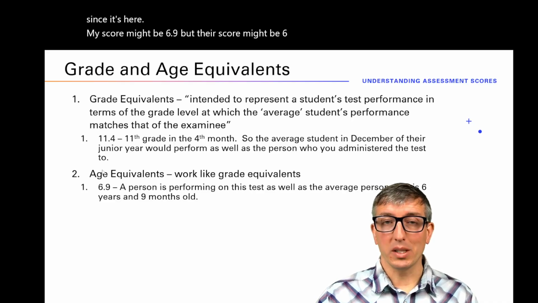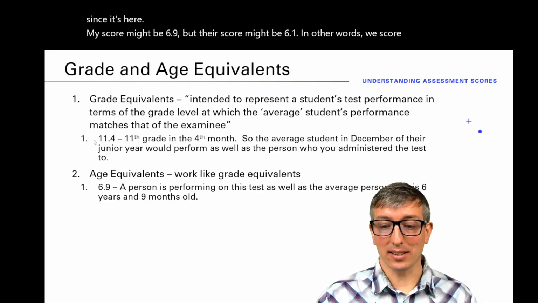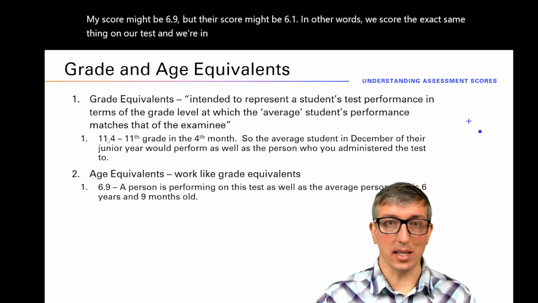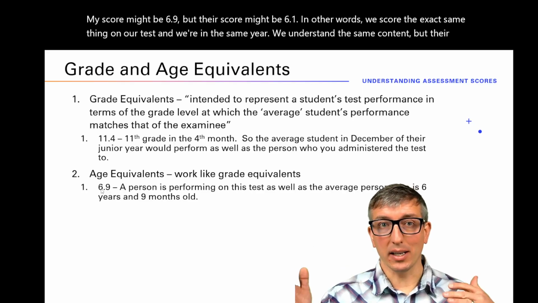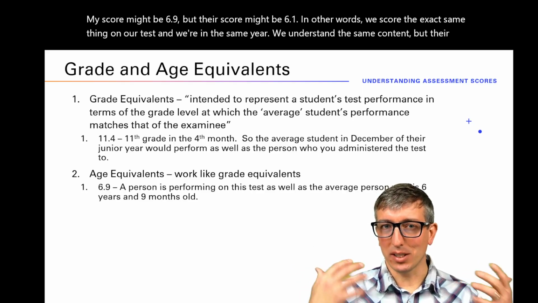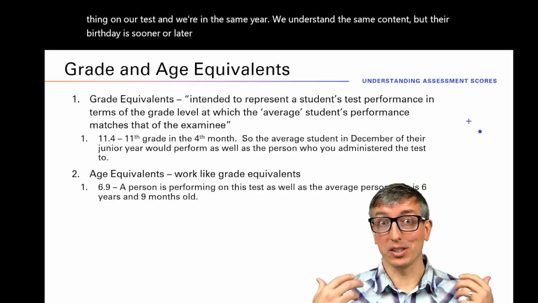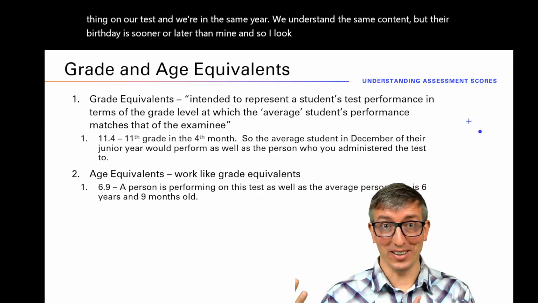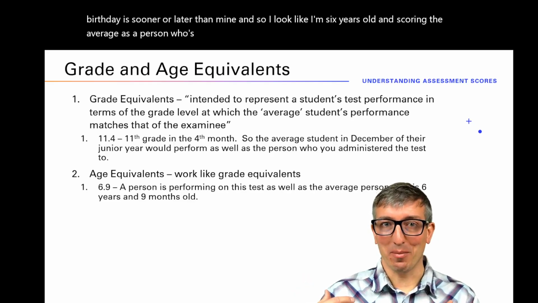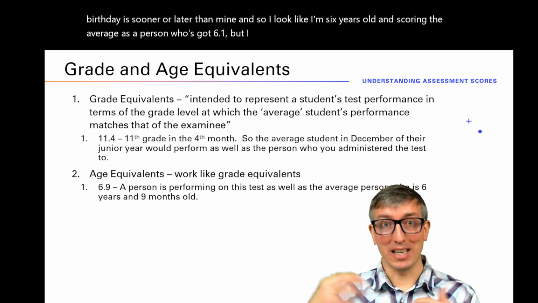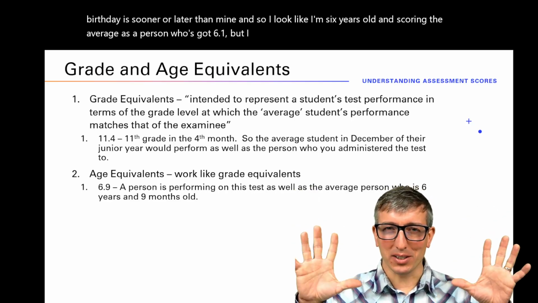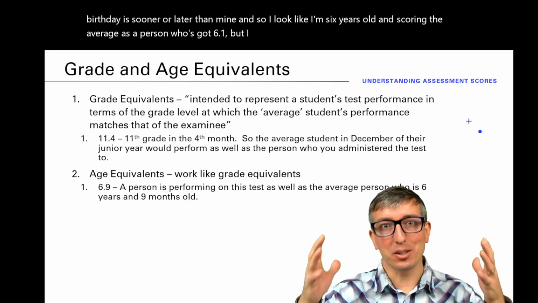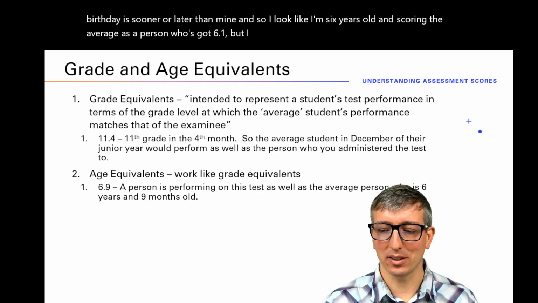In other words, we score the exact same thing on our test and we're in the same year. We understand the same content, but their birthday is sooner or later than mine. And so I look like I'm 6 years old and scoring the average as a person who's got 6.1. But I might also score a little differently at 6.9 depending on when our birthday is, okay? That's a little bit of a brain buster and a little tricky, but once you see it in an actual example, it'll make a little bit of sense, okay?